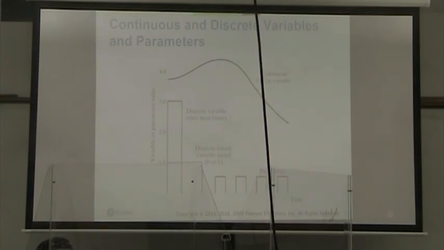But a discrete binary, again, is going to be 0 or 1, is all you're going to have.